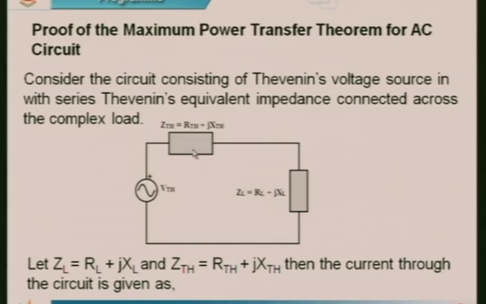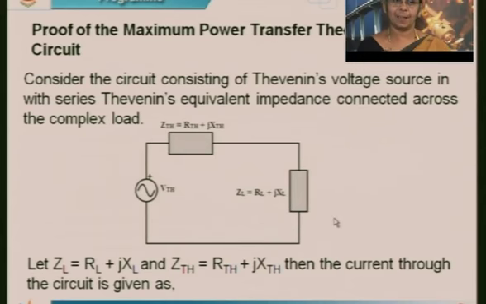So now here you have an impedance Z Thevenin, which is equal to R Thevenin plus JX Thevenin. That's how we represent an impedance, R plus JX. Similarly, the load impedance here, RL plus JXL. Let ZL equal to RL plus JXL and Z Thevenin equal to R Thevenin plus JX Thevenin.